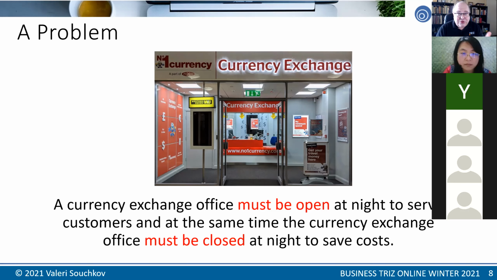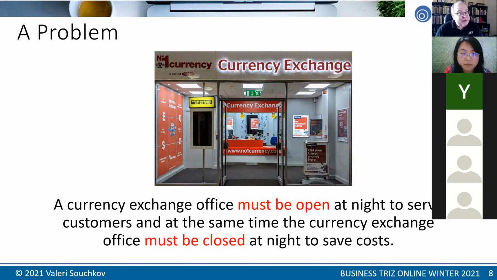So the solution was to use a resource. The resource was a supermarket. There was an agreement that the supermarket also includes an office for currency exchange. Why not? It was possible. The currency exchange office was combined with a cashier. So when you want to buy something, you come to the same person, but first you make an operation to exchange your currency, and then a second independent operation, which goes to different books, is purchasing your products.